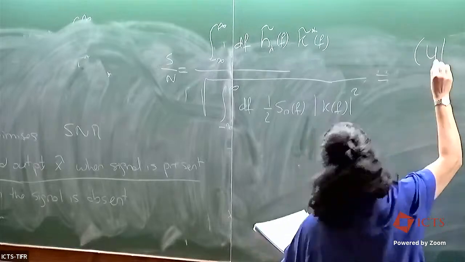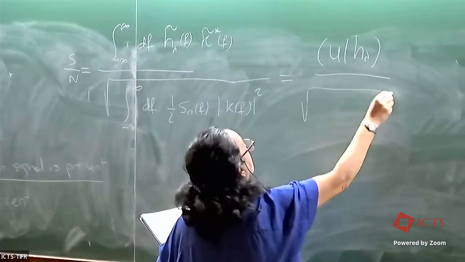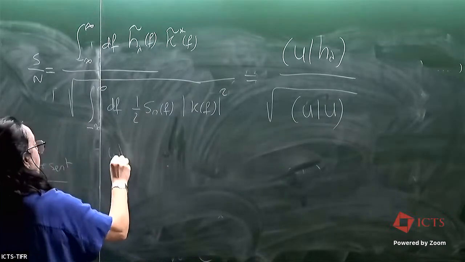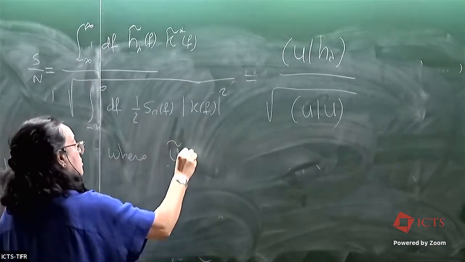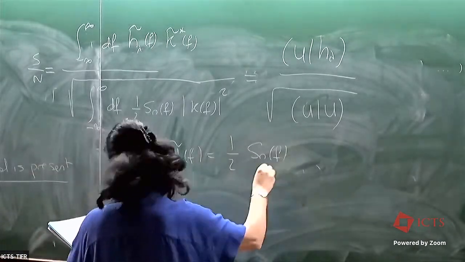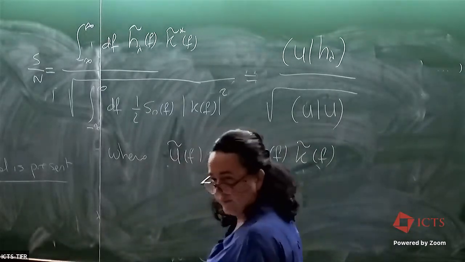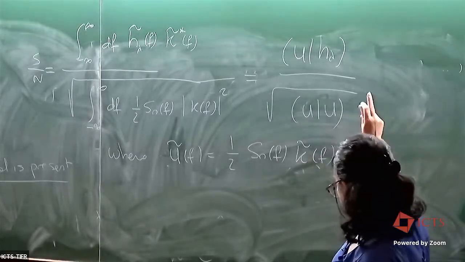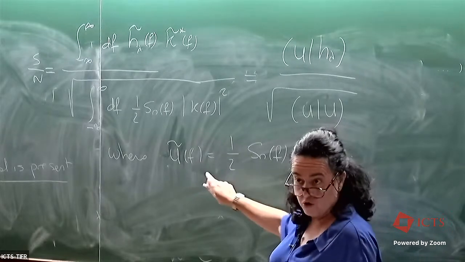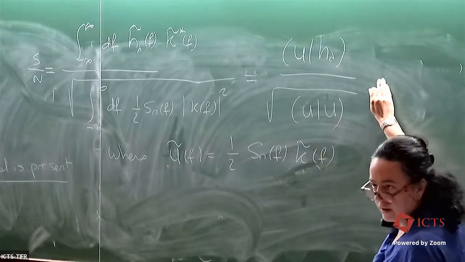The scalar product of this quantity that I will define next, where this u is 1/2 Sn of f times the Fourier transform of the filter. So what we want is to choose a u, a k, therefore a u, that maximizes this quantity here.